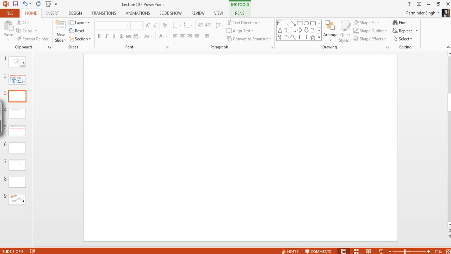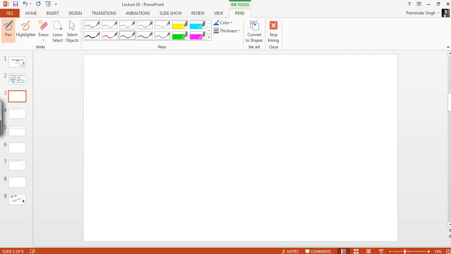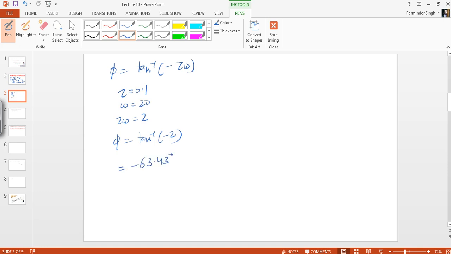Phi was tan inverse of minus tau omega. Tau is 0.1 and omega is 20, so tau omega is 2, so phi is tan inverse of minus 2, which comes out to be minus 63.43 degrees.